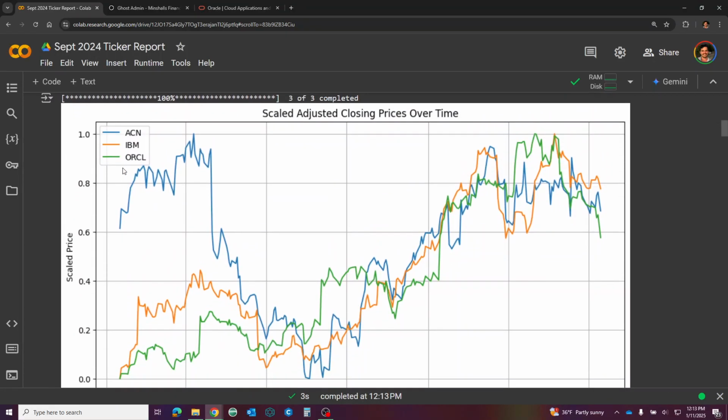But you can see Oracle is green, IBM and Accenture are orange and blue. Was this the best way to compare against Oracle? I don't really know if IBM and Accenture are technically Oracle's competitors.